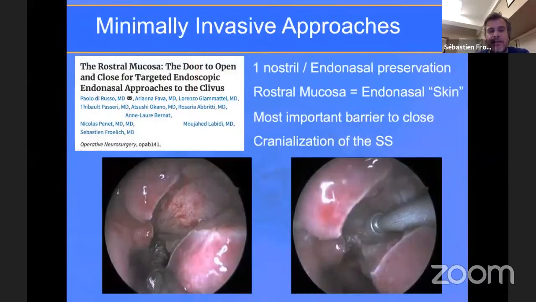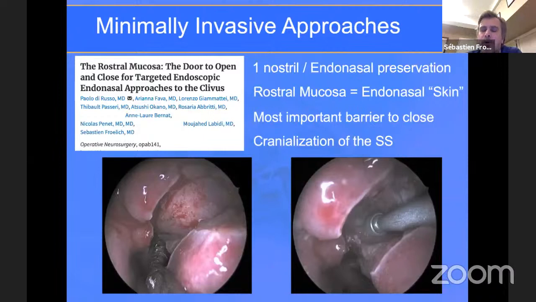We have also moved to a new step, trying to be even less aggressive. And we recently published a manuscript in which we describe a technique where we keep the mucosa of the rostrum.